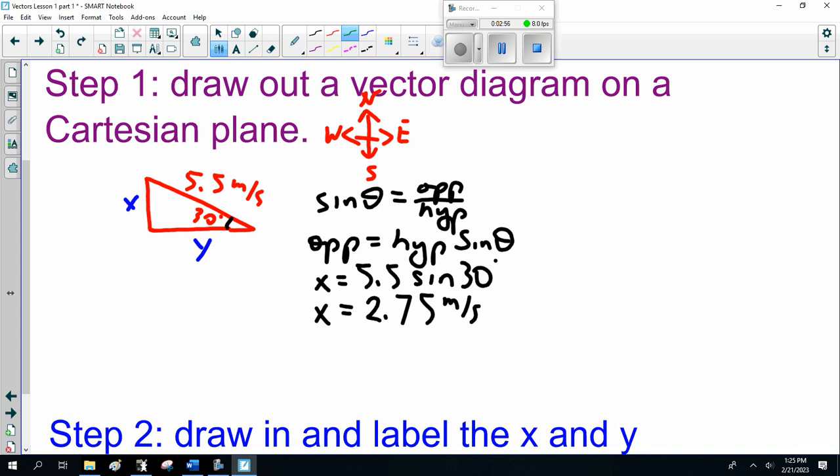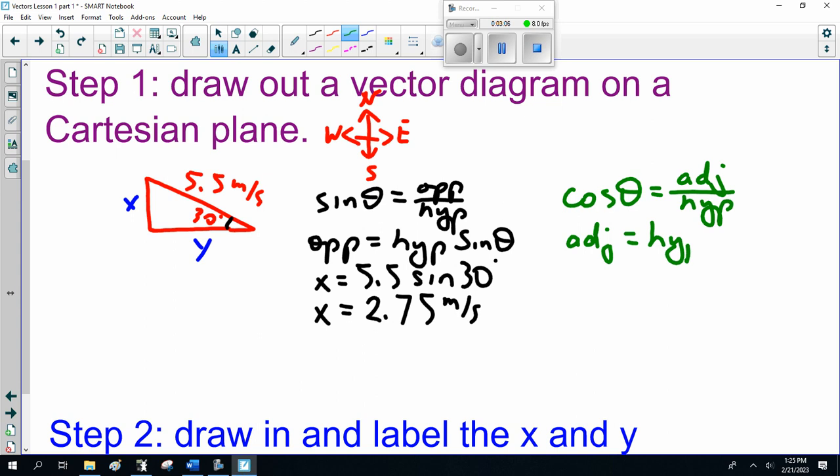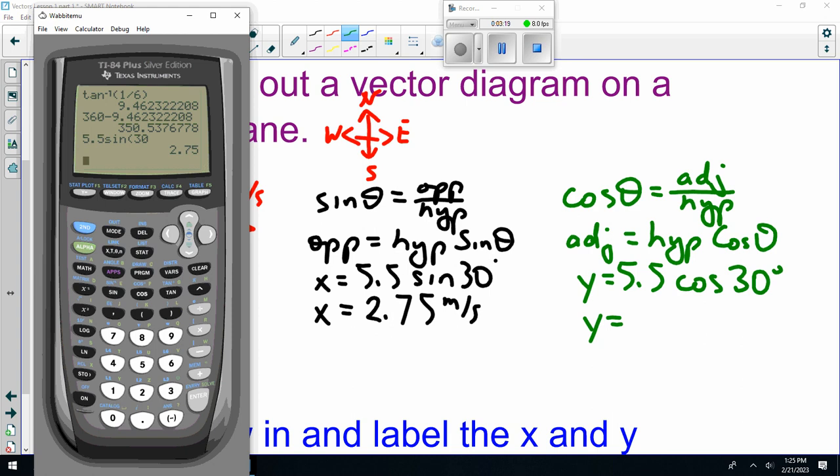Now, the y component, the adjacent. Hypotenuse cos theta, so y is 5.5 cos of 30 degrees. 5.5 cos 30 is 4.76.